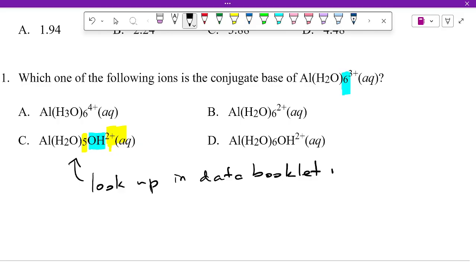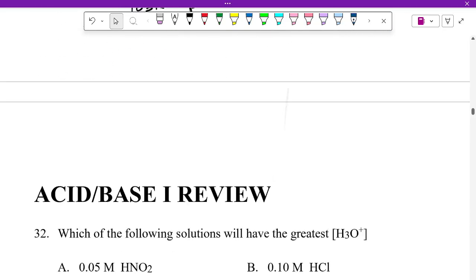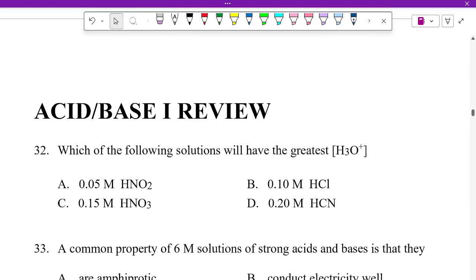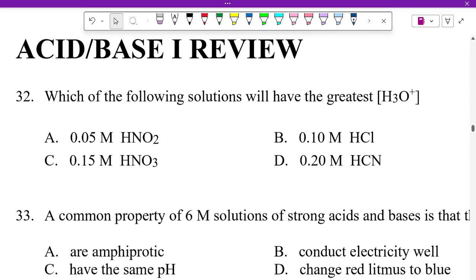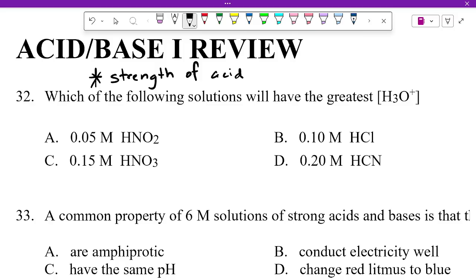Number 32. Which of the following will have the greatest concentration of hydronium? The strength of the acid matters more than the concentration.